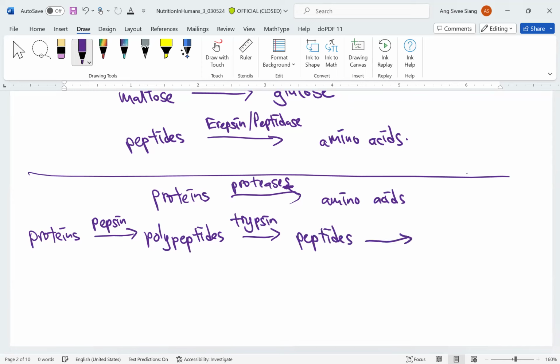Then peptides are digested by erepsin or peptidase into amino acids. So this is the full story. One is the simplified version, one is the full story. You need to know both.